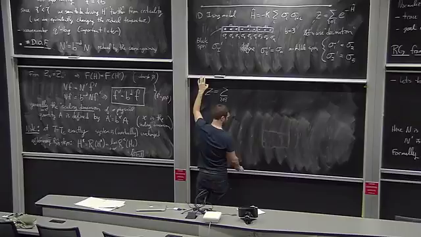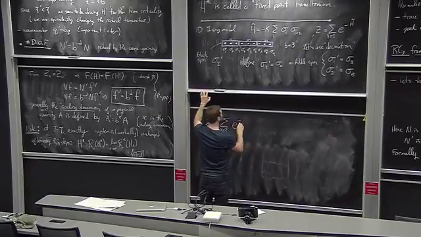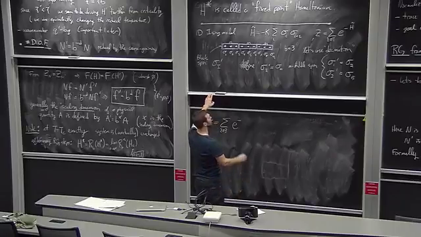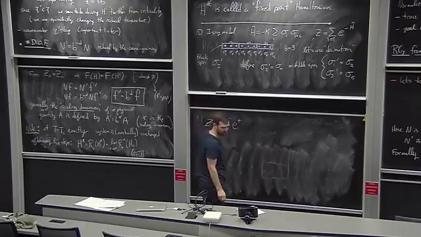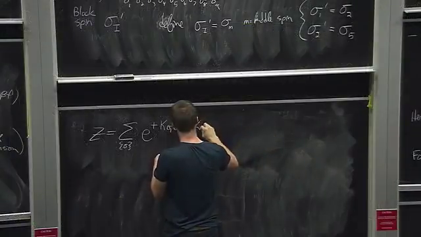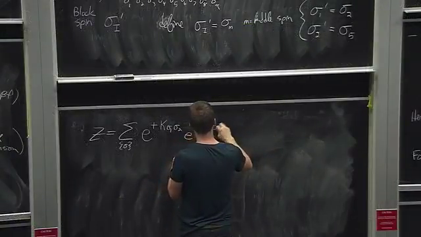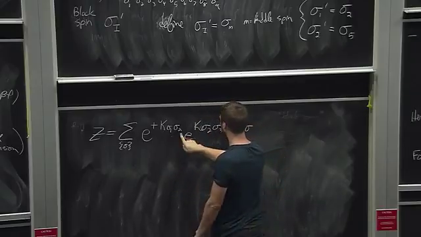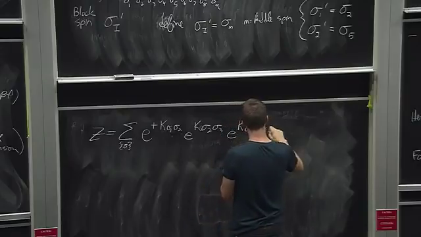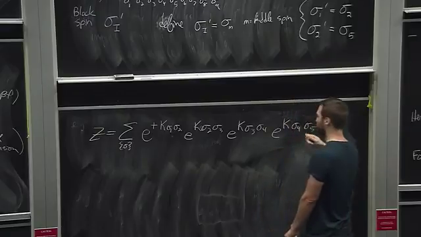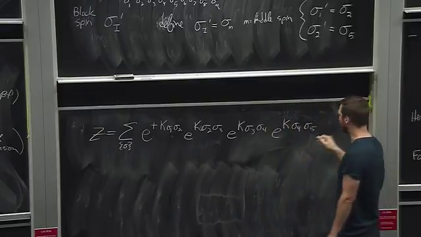So e to the minus H, I have a minus sign out front. Convenient. So let me write all the terms, that's easiest. 1, 2, 2, 3, 3, 4, 4. So by definition, these are all the nearest neighbor pairs.